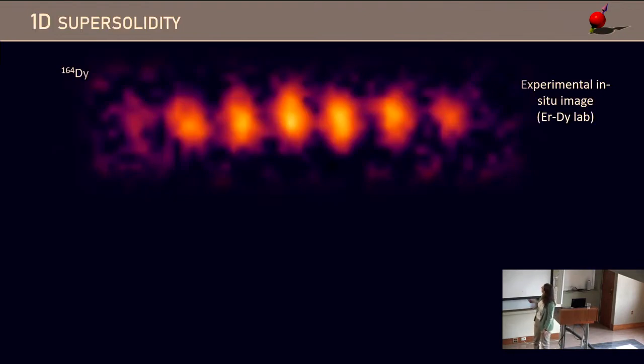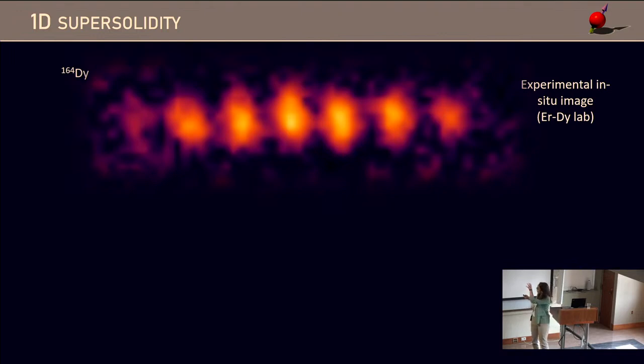There already have been a lot of talks about supersolidity, so I will try to summarize the main properties of this state. Here there's a nice experimental in situ image from our erbium dysprosium lab, in which you can see that this is a 1D supersolid. With this, I mean that the system is actually 3D, but it spontaneously breaks the translational symmetry in one dimension, forming these nice 6 droplets.